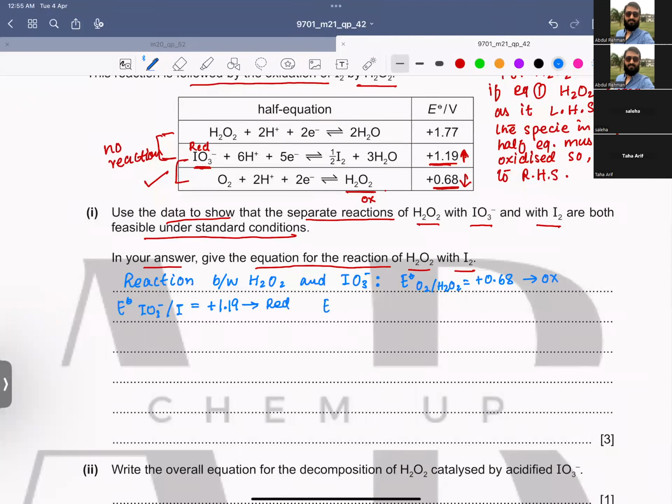And if you find the E naught cell, which is reduction minus oxidation, you will get a positive answer, positive 1.19 minus 0.68.